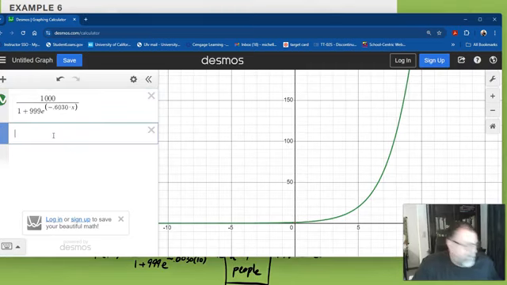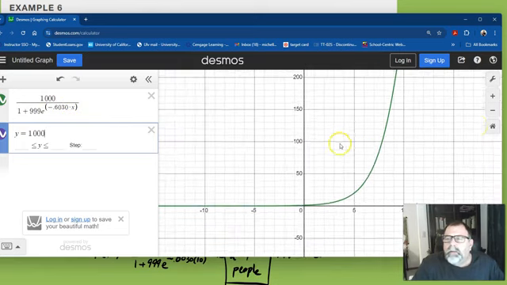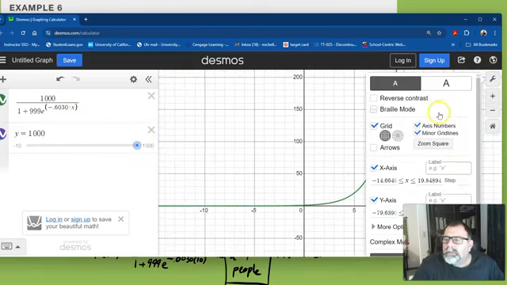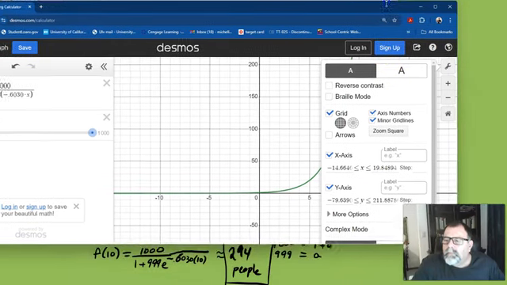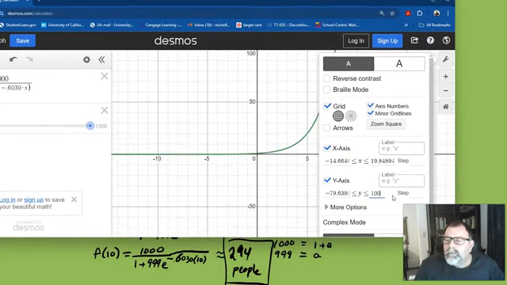I'm going to put in y equals 1,000 for that carrying capacity. So I just changed the one that I just did, put an x there, and that gave me the graph. And let's zoom out. Let me change the y-axis to 1,000.